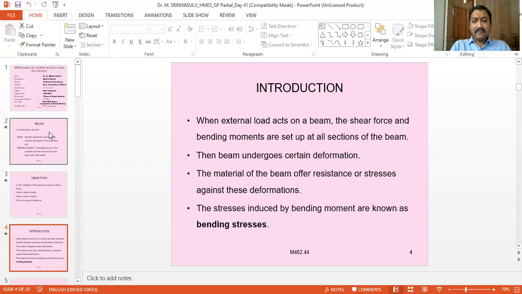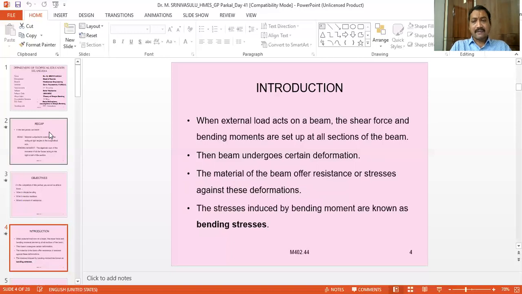Whenever a beam is subjected to some amount of external force, it undergoes some deformation, and due to the external forces acting on the beam, some stresses will develop.